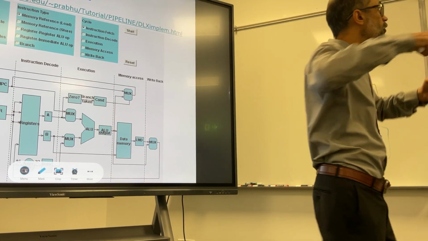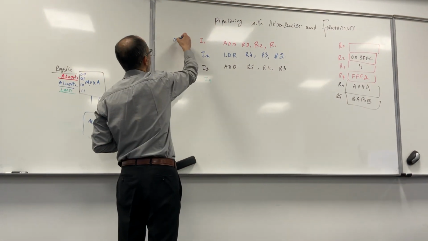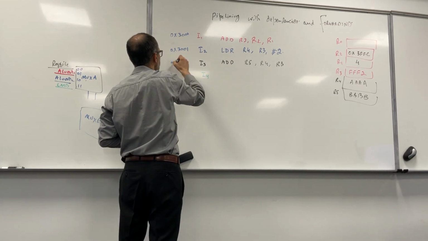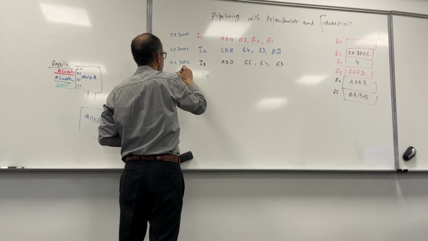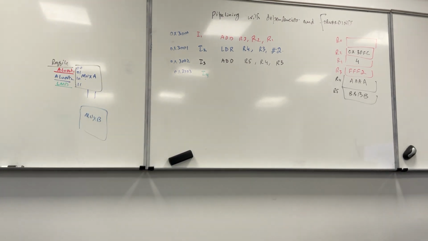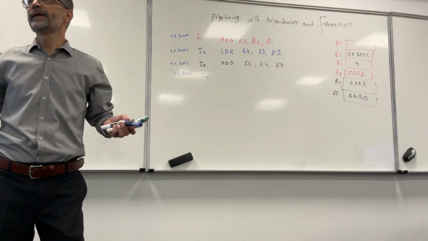Now let's assume this address is 0x3000, then 0x3001, 0x3002, and 0x3003. Then we look at how these instructions will go through the pipeline stages.